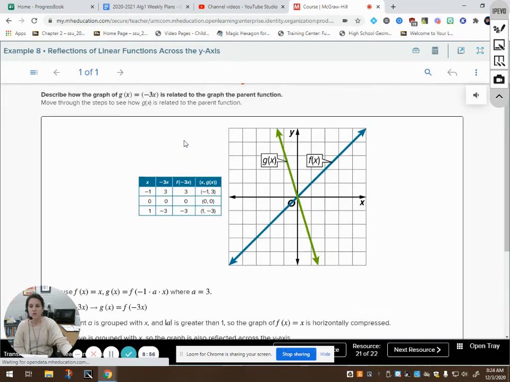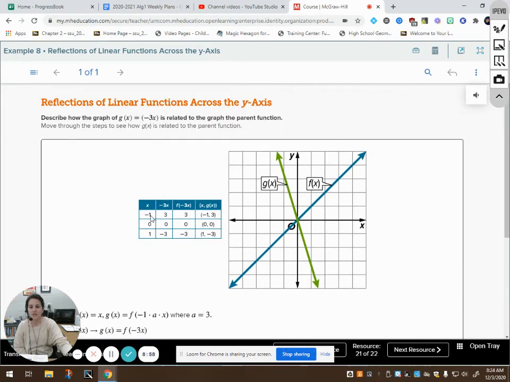So let's look at it. When we do this, if I multiply each of the x values by -3, a -1 times a -3 makes it a +3. 0 times -3 is still 0. 1 times -3 is -3. So my function becomes, when I plugged in a -1, I got out a +3.